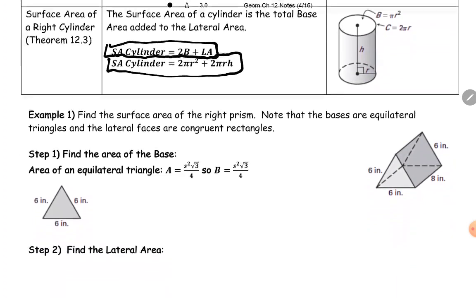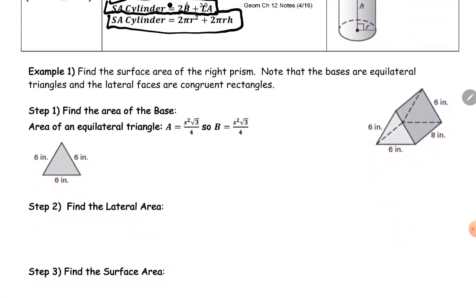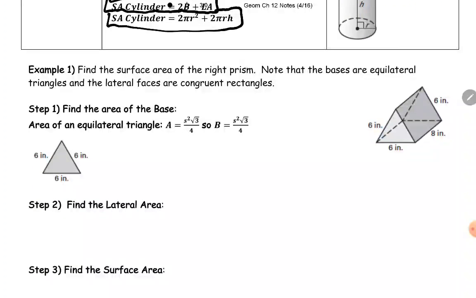So let's do some examples here. Example 1. Find the surface area of the right prism. Note that the bases are equilateral. Find the area of the base. So we're trying to find the surface area of this whole object.